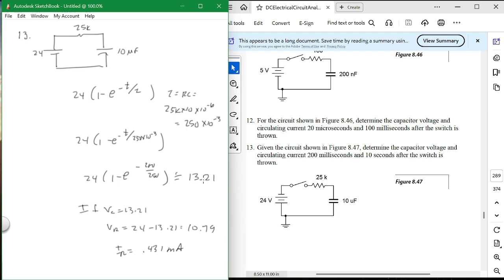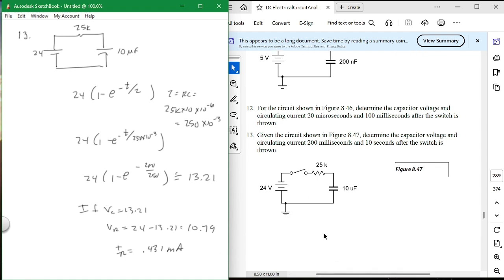It is minus that, because the current flows this way instead of that way, and the voltage is plus on the bottom, so the voltage is minus 13.21, and the current is minus 0.431. That's the only difference, but I'm sorry. I did it upside down.